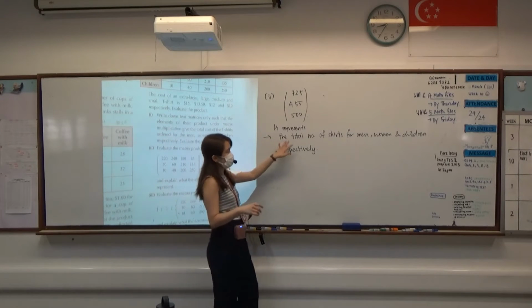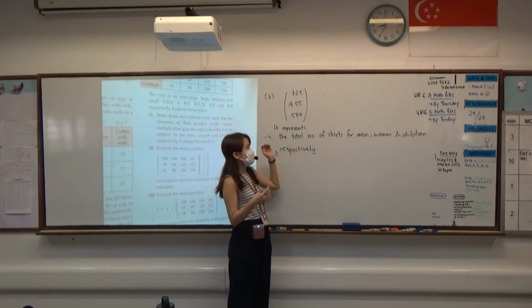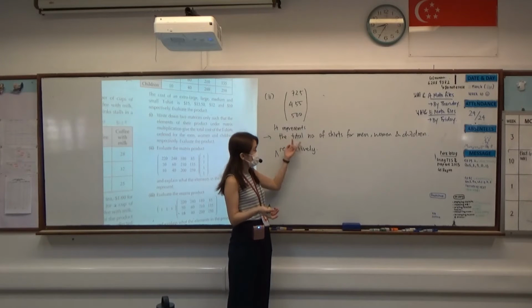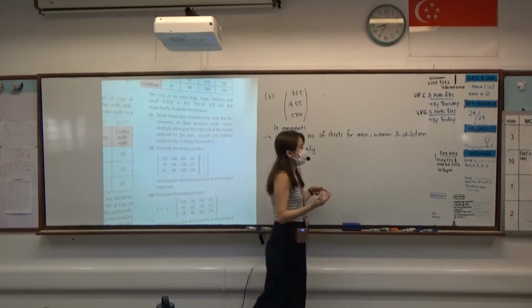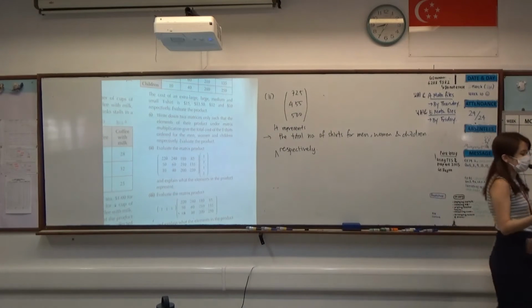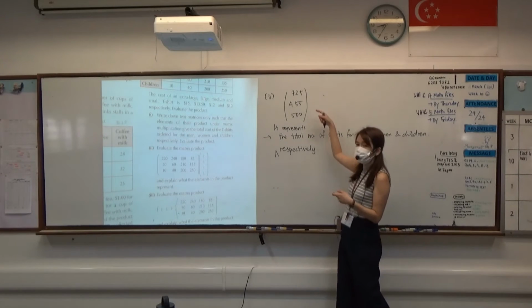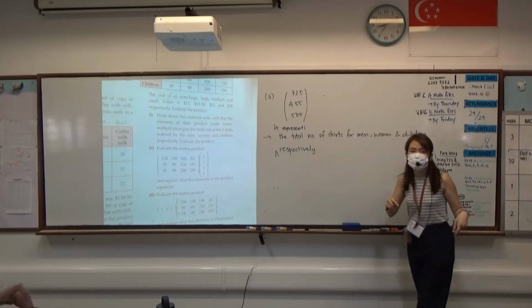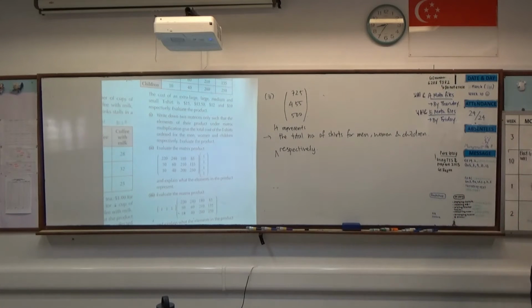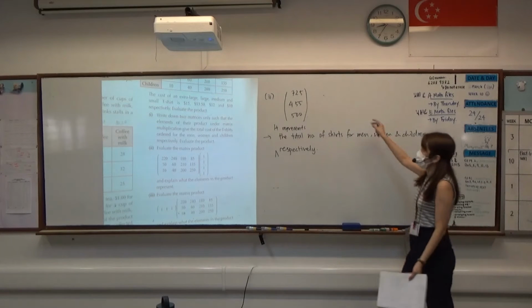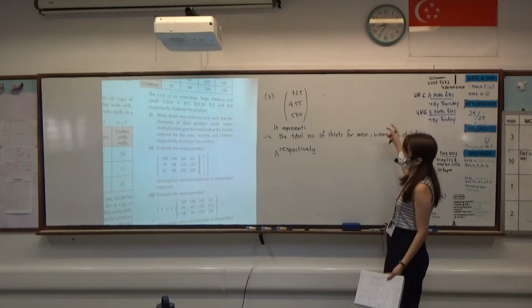So this explanation that Noi gave is fairly accurate in saying that there's total number of shirts for men, women, and children. Just to point out that it is according to the arrangement of the elements. It will be good if you put in the word respectively, to state clearly which one is for which category.